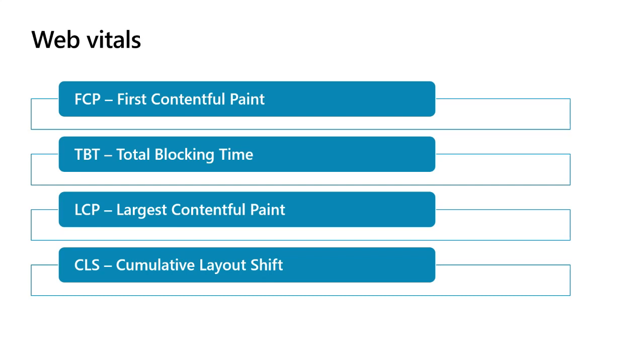The third is LCP, largest contentful paint, and it is an important user-centric metric for measuring perceived load because it marks the point in the page load timeline when the page's main content has likely loaded. For example, an image taking more time to render can contribute to it. Similarly, if there are videos, then the load time can generally be high, and the LCP score can get high.